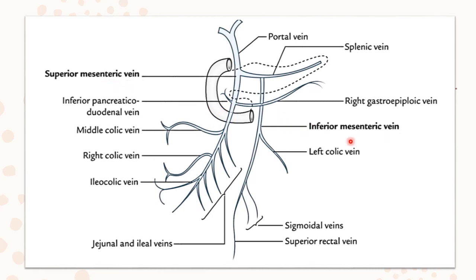Whereas the inferior mesenteric vein is going to get the left colic vein and the sigmoidal veins, and it is basically a continuation of the superior rectal vein. The right gastroepiploic vein is also going to drain into the superior mesenteric vein. So the superior mesenteric vein will ultimately combine with the splenic vein, which is receiving the inferior mesenteric vein as well, and these two venous structures will ultimately form the portal vein.